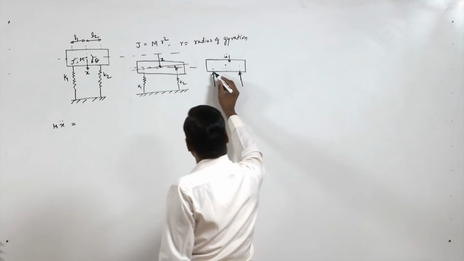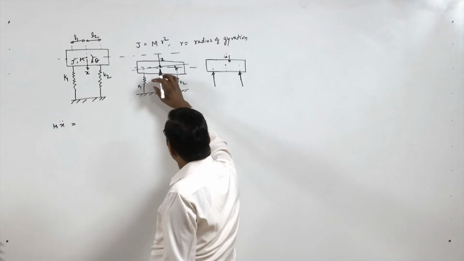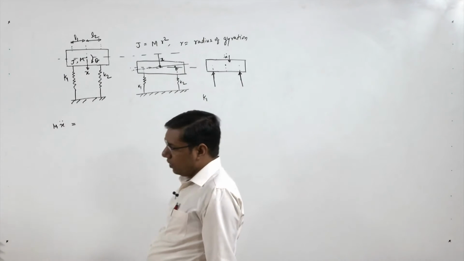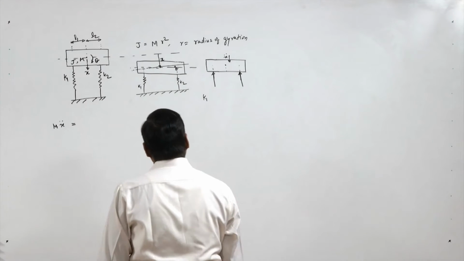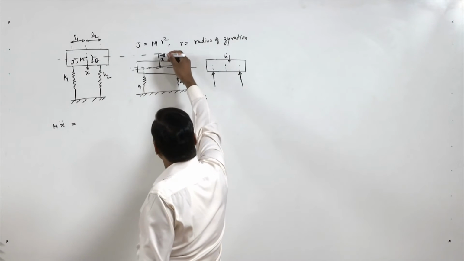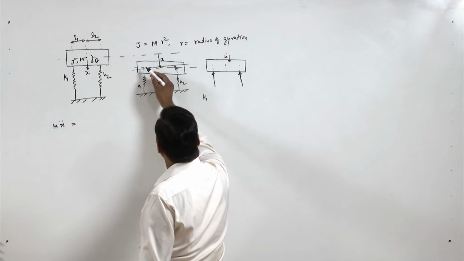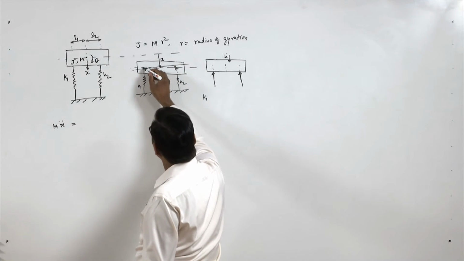So what are these spring forces? These forces are k1 times the compression of the spring. About the first spring, first it is compressed by x, and then due to rotation it is extended here.